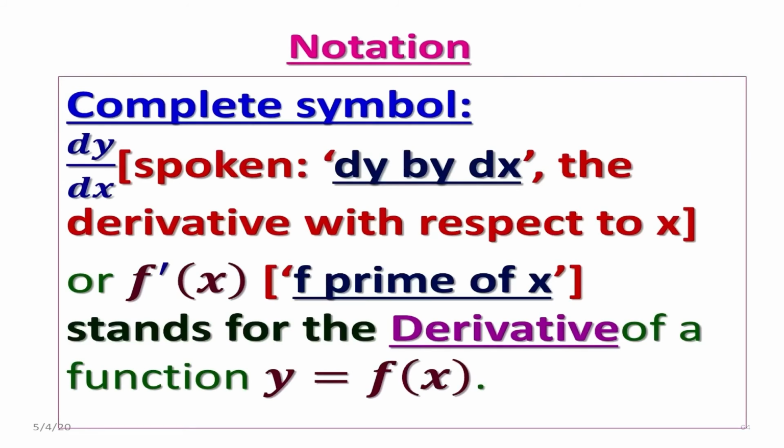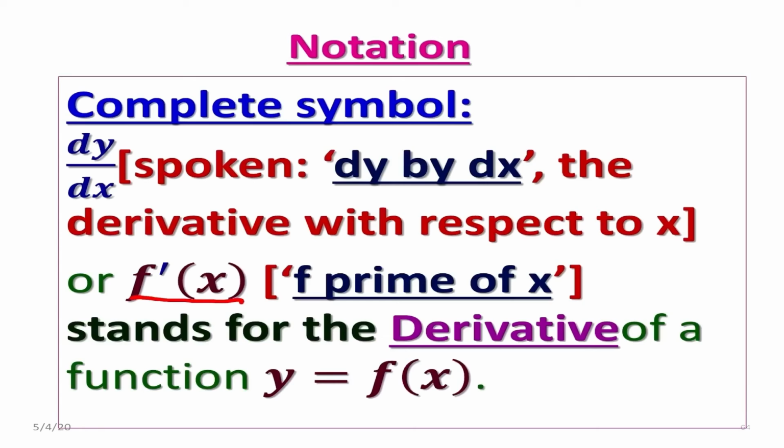Now, let's talk about terminology and notations at this point. The complete symbol dy dx, spoken dy by dx, or just dy dx. The derivative with respect to x also could be written in terms of an apostrophe. So, f prime of x, the way we would say, or sometimes f dashed of x. These two notations mean precisely the same thing, the derivative of a function y equals f of x.